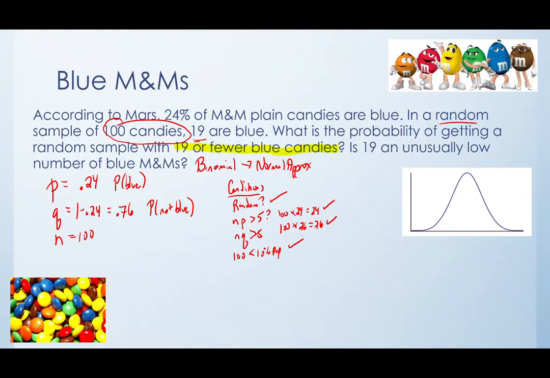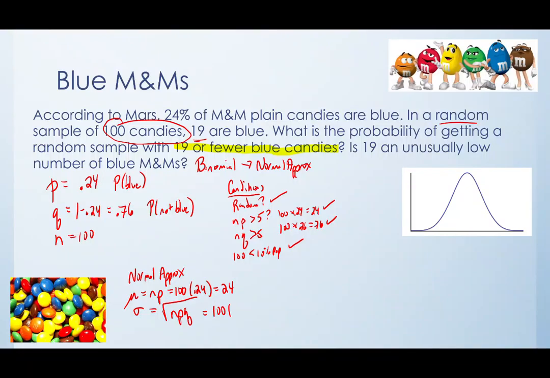We're good to go. So for our sampling distribution, our normal approximation, or even for our binomial, our mean is NP. So we already know that's 100 times 0.24, so that's equal to 24. Our standard deviation, square root of NPQ.